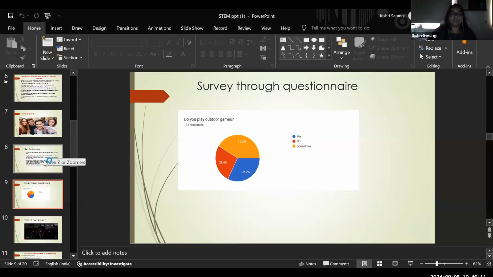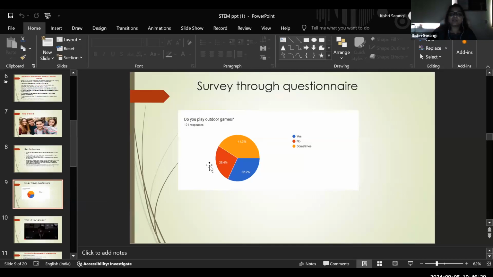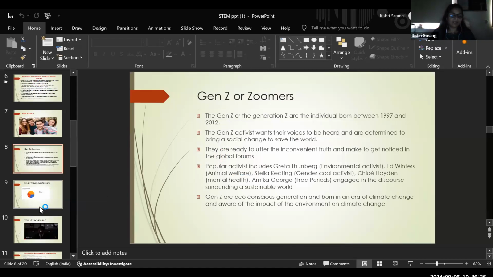In a practical survey through questionnaires, we also interviewed Gen Zs from different states, and what we found is that they hardly go for any outdoor activities. It may be because of the lack of geographical spaces.